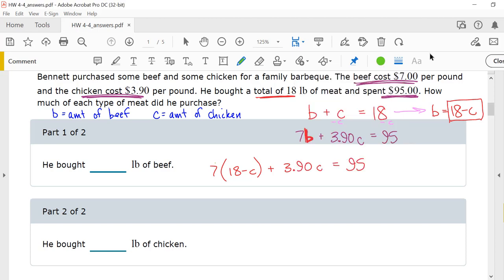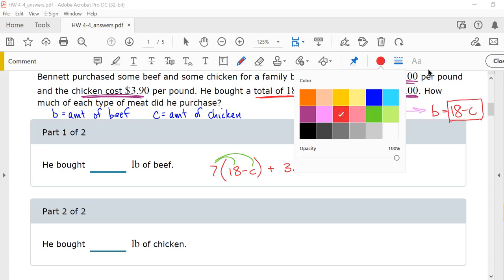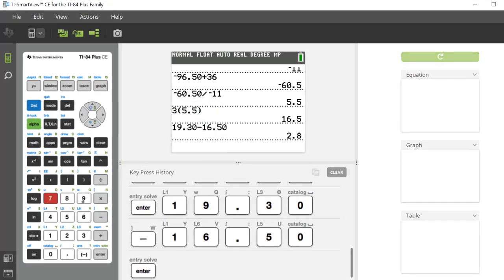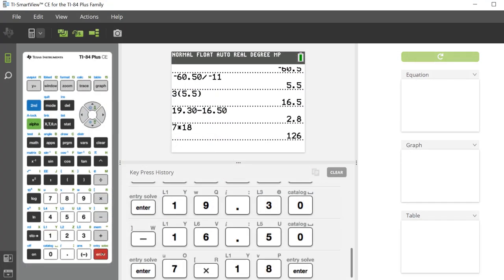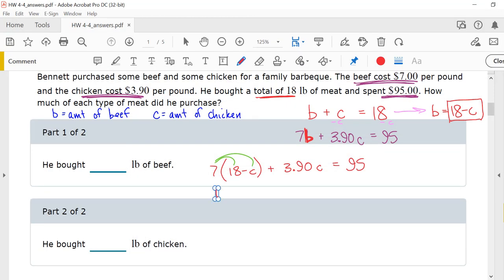If I distribute 7 times 18 is 126 minus 7C plus 3.90C equals 95.